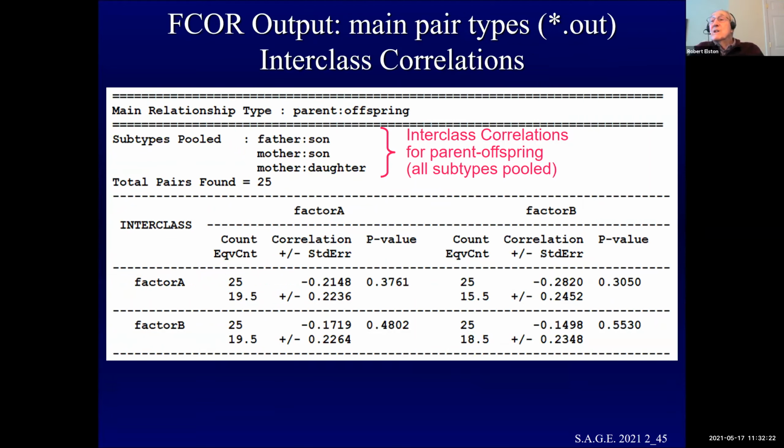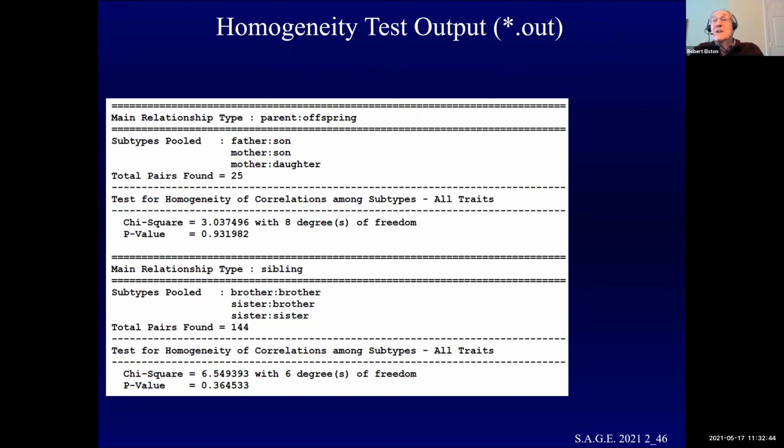Here you have the parent-offspring pool, father-son, mother-daughter. Those are the ones that are available. There were no father-daughter ones. And you see the chi-squared for homogeneity among the subtypes is 3 with 8 degrees of freedom and a p-value of 0.91, suggesting there is no hint of heterogeneity.